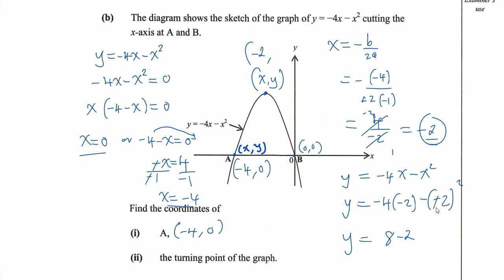Because this negative will go because of this power, actually minus 4, because of this power, and then 2 power 2. So here it will be like this. Negative 2 times negative 2 will give us a positive 4. So positive 4 and this negative, it will be minus 4, which is equal to 4. Okay? So the value of y, or the y-axis, is equal to 4. So the answer here is negative 2, 4.